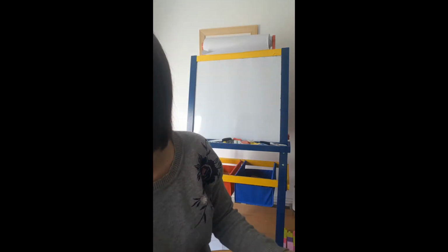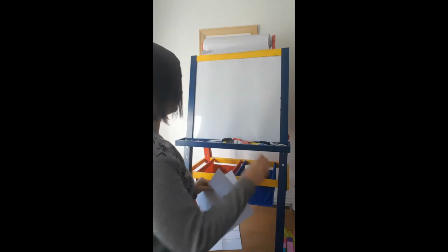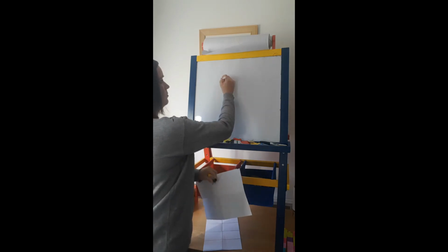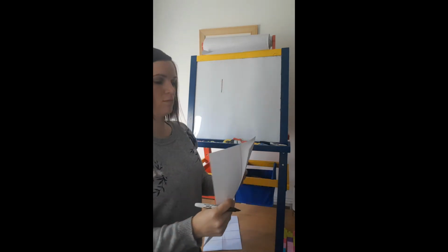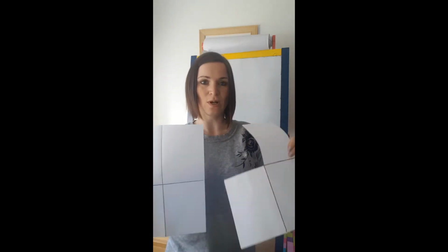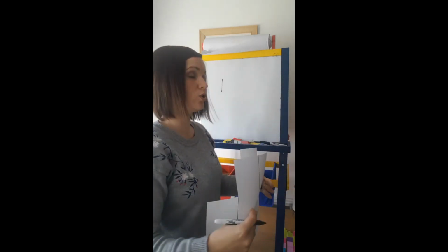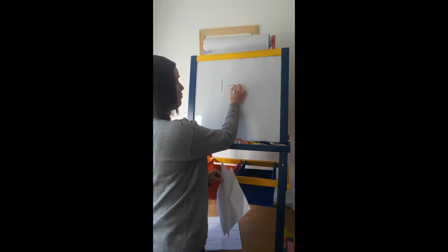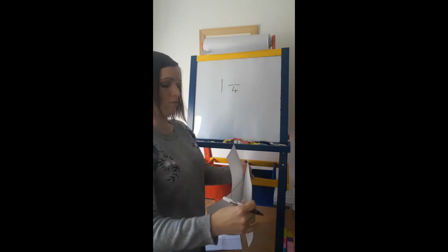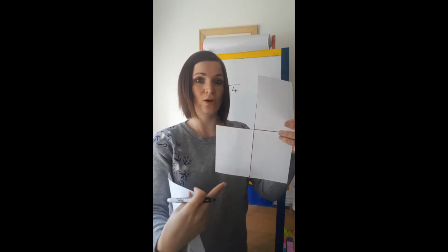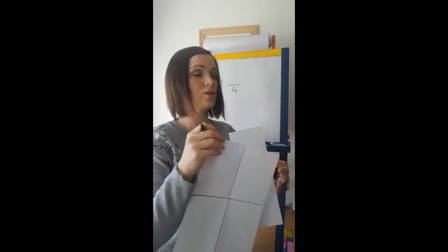So now instead of having 2 whole sheets of paper, I've still got 1 whole sheet of paper. But the other piece, I don't have the whole thing anymore. It was split into quarters, so I know my number on the bottom of a fraction is going to be a 4. And I have 3 of them. 1, 2, 3 of what was 4 parts.